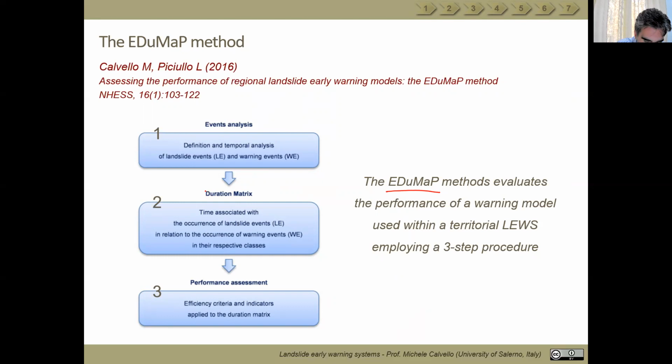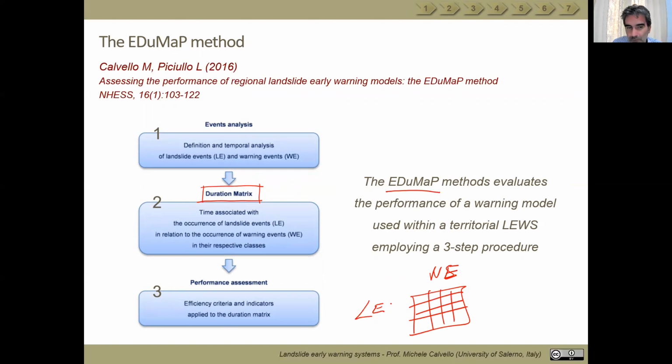And at the center of this procedure there is what we call a duration matrix, not a contingency matrix, that is comparing, relatively speaking, the landslide events with the warning events in a matrix form, not 2 by 2, but n by m, depending on how many classes of landslide events and how many classes of warnings you have.